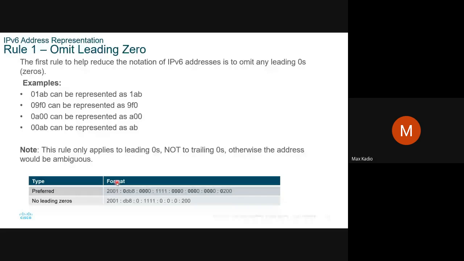If we take 0db8, you can see there is a zero in front. We can remove it to make it short like that. If you have a series of zeros, you can put only one 0. All ones, there is no leading zero, you keep. Anywhere you see leading zeros, you can remove all these extra zeros and only keep one. So the long one here, we made it short with these rules.